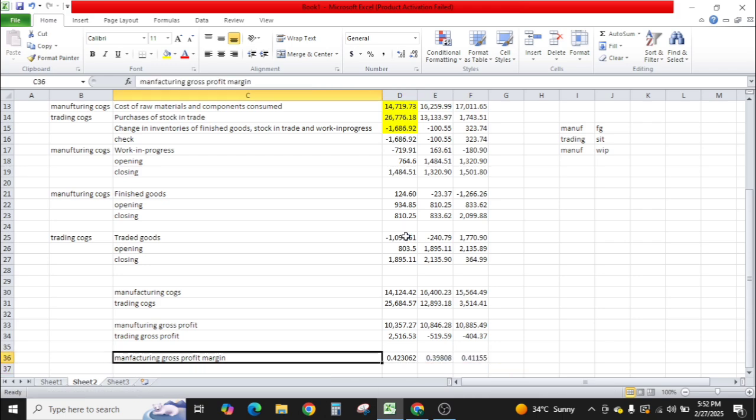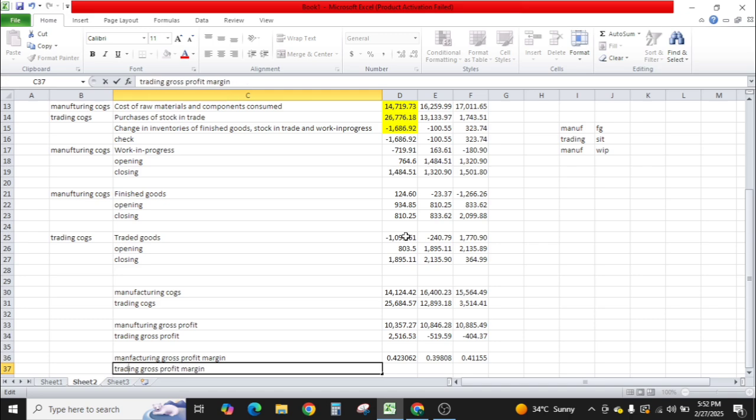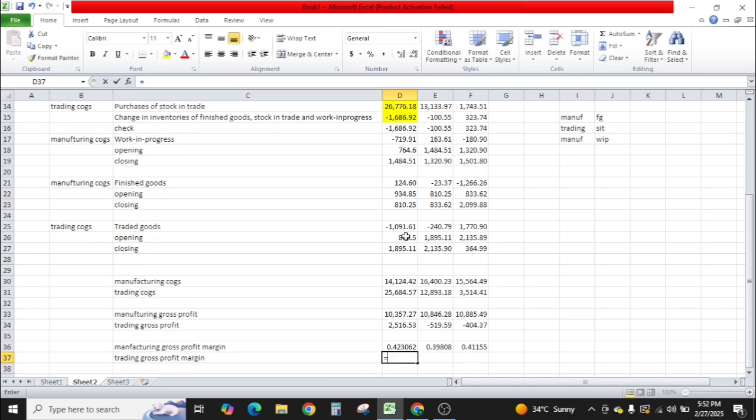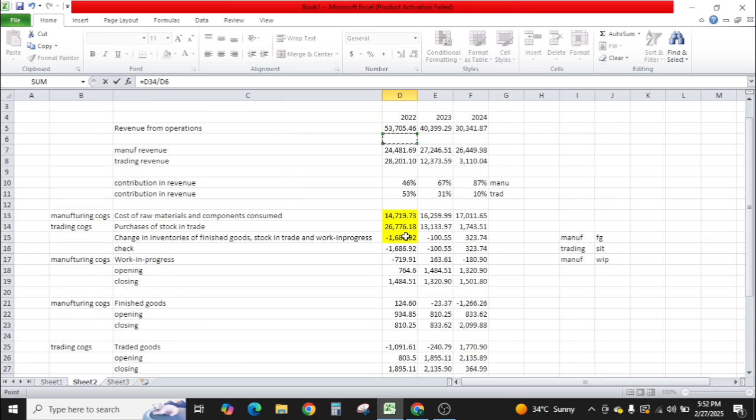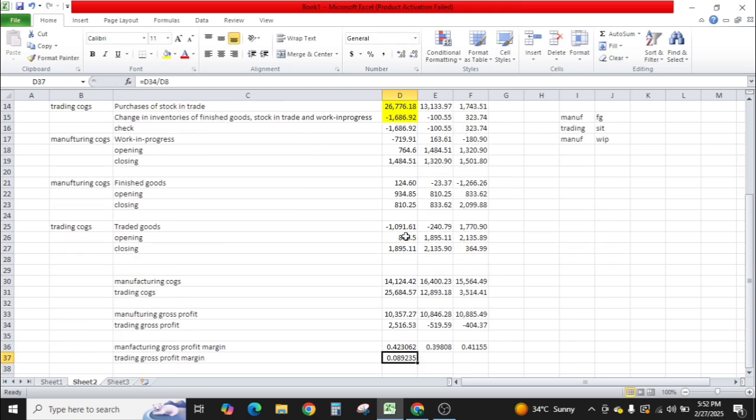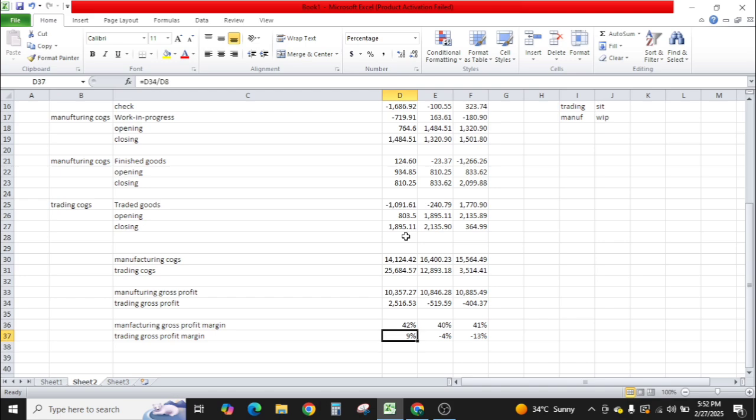And for trading gross profit margin, it will be the same. Trading gross profit divided by trading revenue, not overall revenue. We will copy and paste. So here it is.